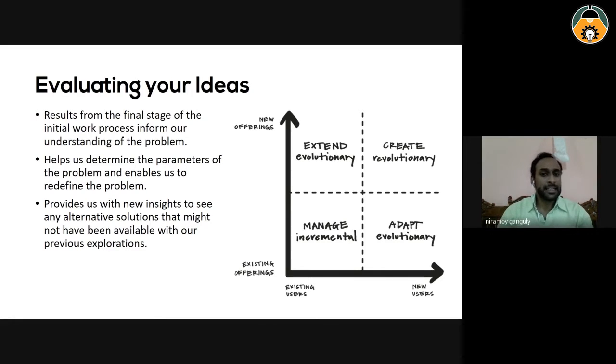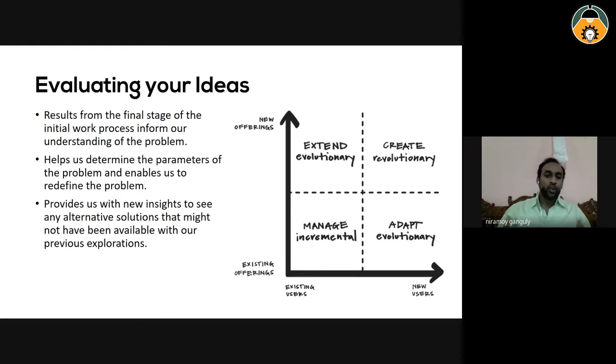And the final stage is evaluating these ideas: are the results and all the ideations you're coming up with for the existing users, or for new users, or are they giving something that is currently available in the market, or are you coming into something completely new or completely revolutionary?